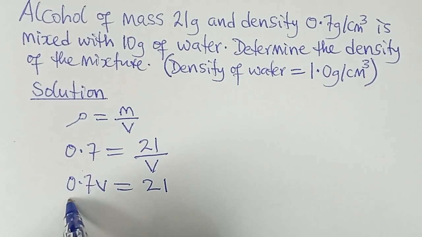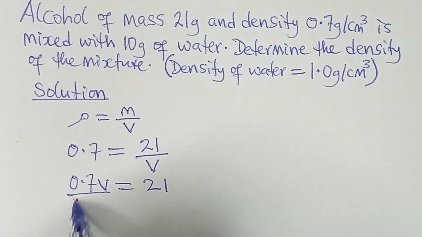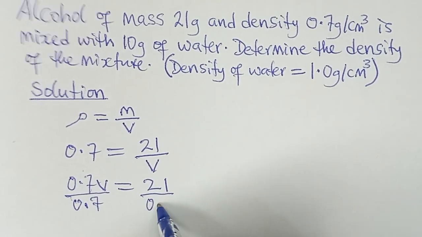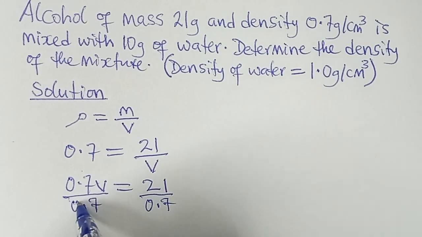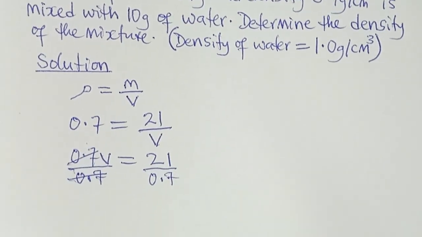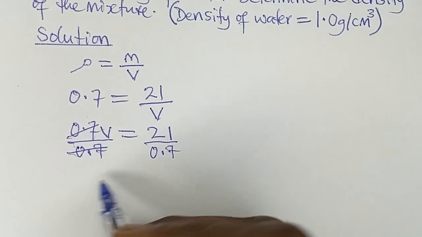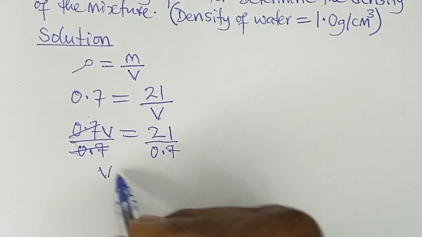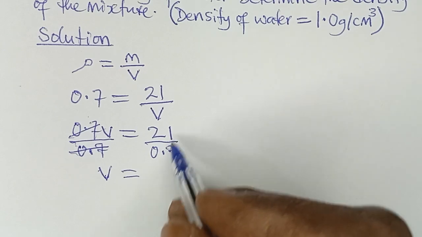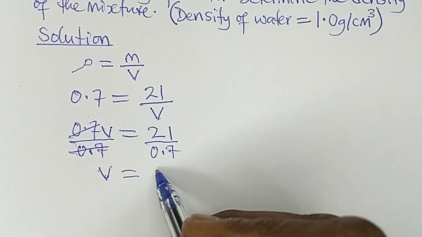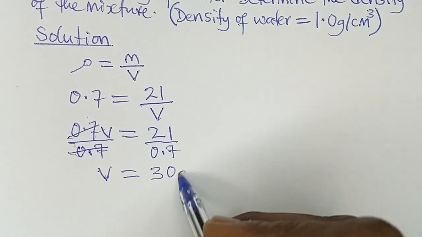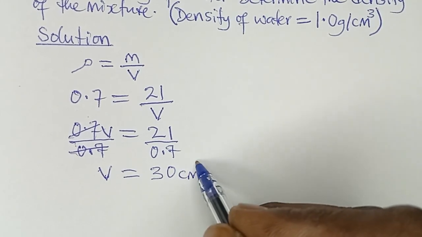So to get the value of V, we divide both sides by 0.7. This 0.7 will cancel 0.7 and I'll be left with V. So that will give me the volume of the alcohol as 21 divided by 0.7 is 30. So the volume of the alcohol is 30 centimeter cube.